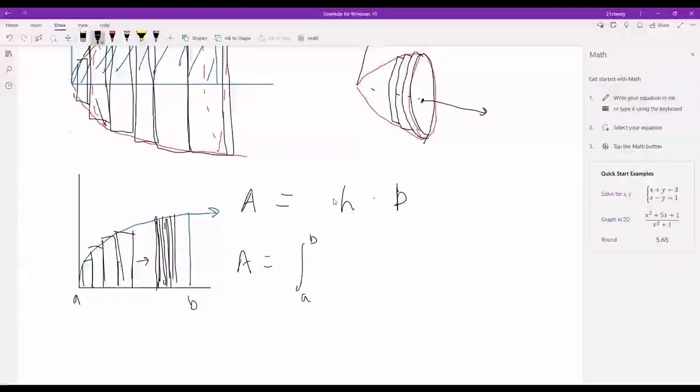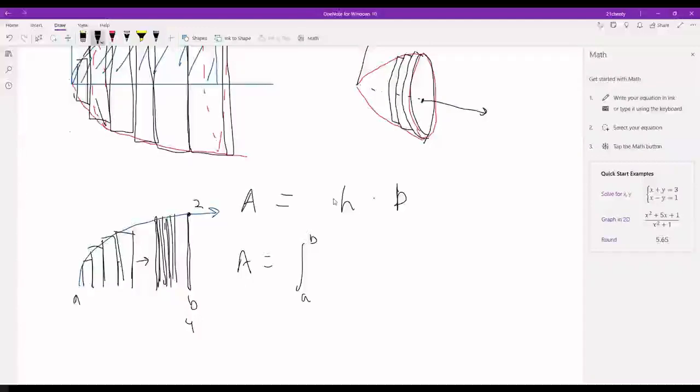So if b is 4, let's say, then this would be 2. So the height of this little rectangular piece, oh shoot. Oh my god, I can't draw a straight line. All right, just imagine the graph is still there.